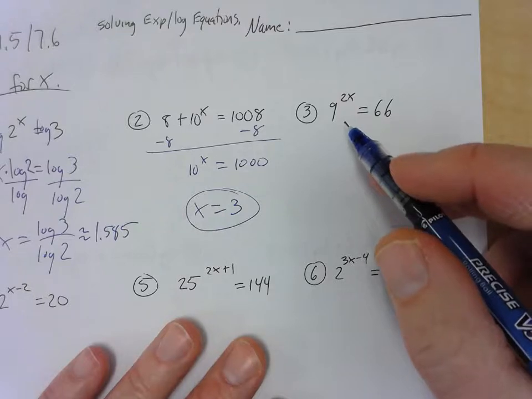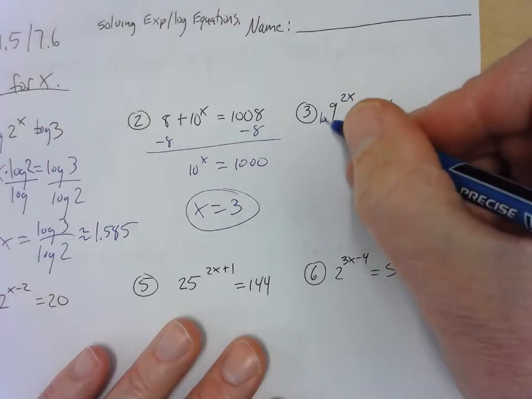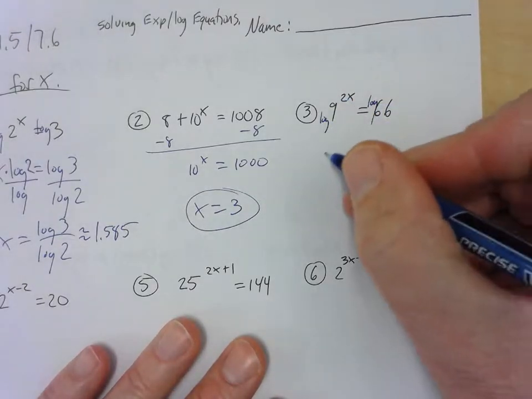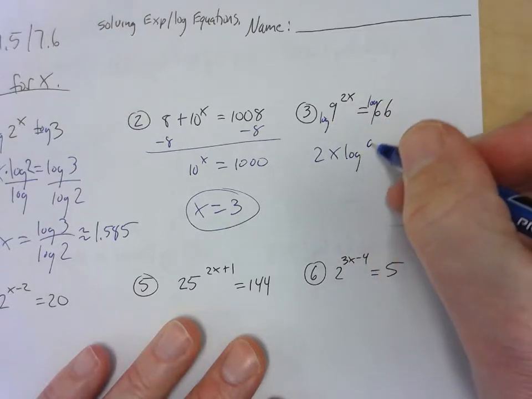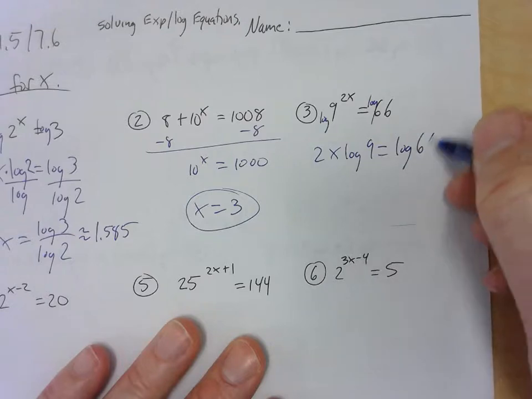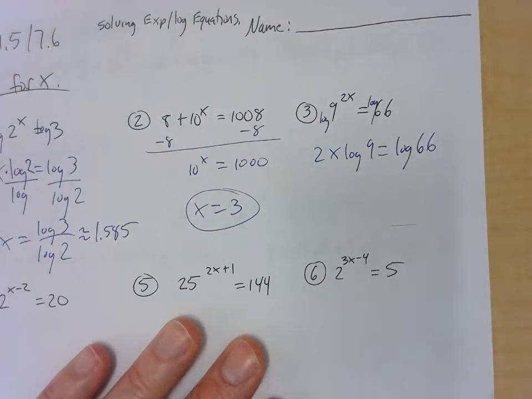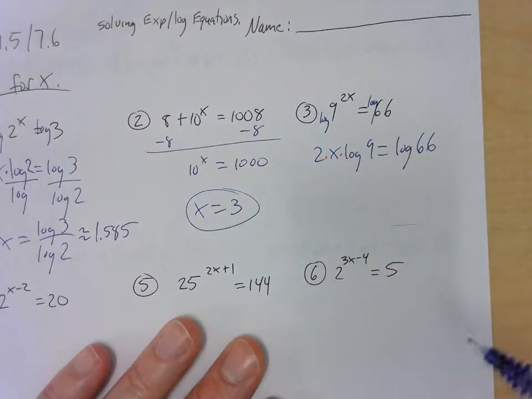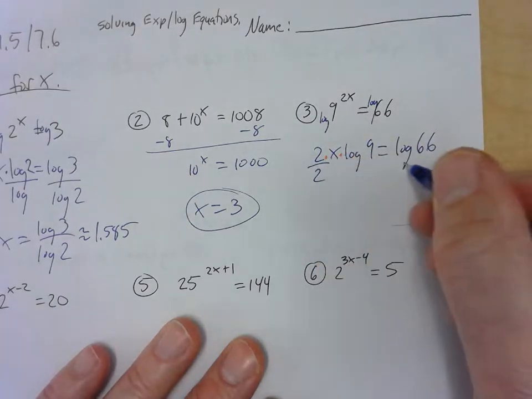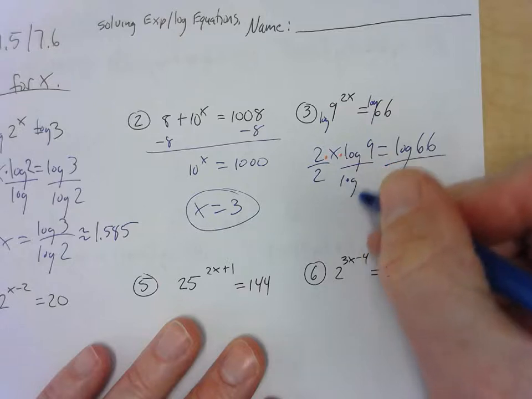On this one here, I will start off by taking the log of each side. That brings the 2x down to the front. Log 9 is equal to log of 66. There's double multiplication here. The opposite of double multiplication is double division, so I'm going to divide by 2 and divide by log of 9.